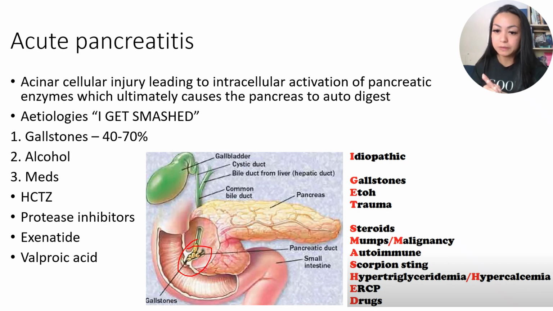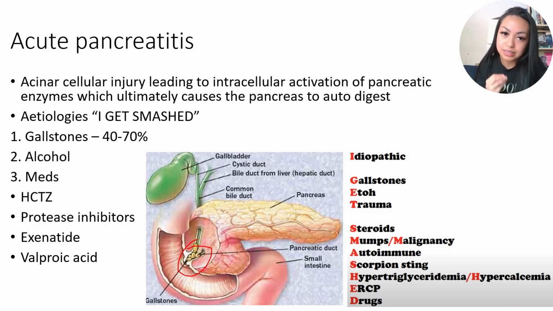Number 2 is alcohol. Alcohol can cause acute pancreatitis. The next common one is medications. Medications like hydrochlorothiazide, a thiazide diuretic used for, let's say, hypertension. Protease inhibitors, which are your anti-HIV medications.